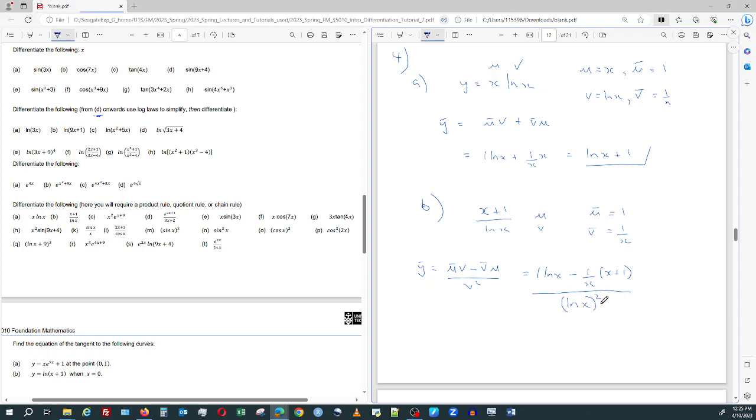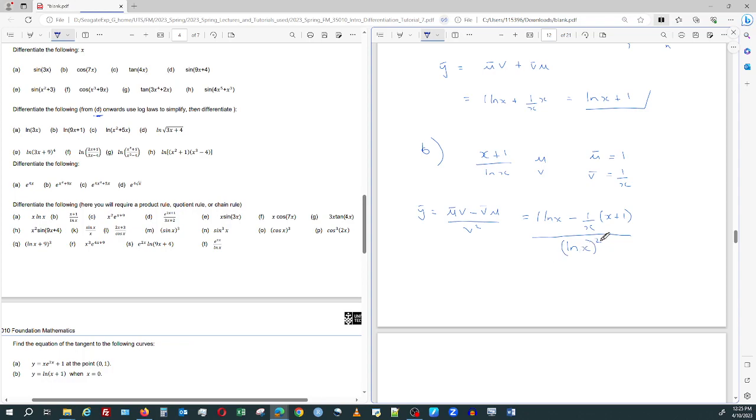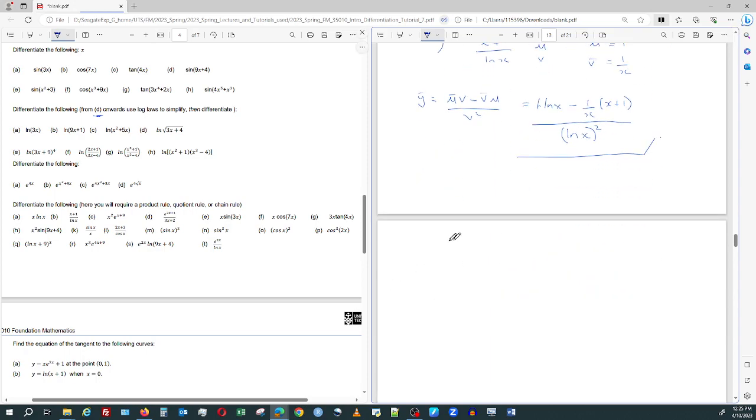I prefer writing it like that, but I can leave it to you to do that. Now this is actually to be left now, so that's fine, that's more than enough. 1 times the ln of x, minus x plus 1 over x. The form doesn't really matter. Okay, so we can leave it like that. Alright, keep it simple would be the thing I would suggest.